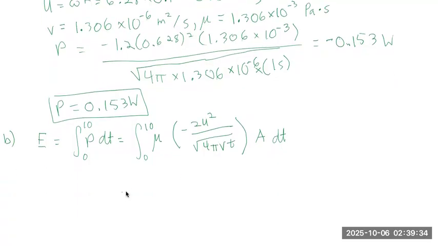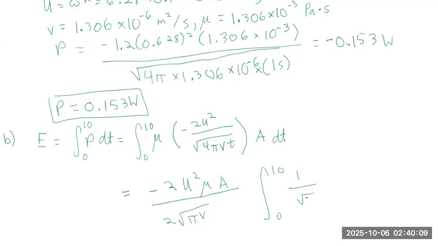So integrating this, we can actually factor out several terms. We can factor out 2 u squared mu over 2 square root of pi times v, and also an A. And this leaves us with the integral from 0 to 10 of 1 over root t dt.